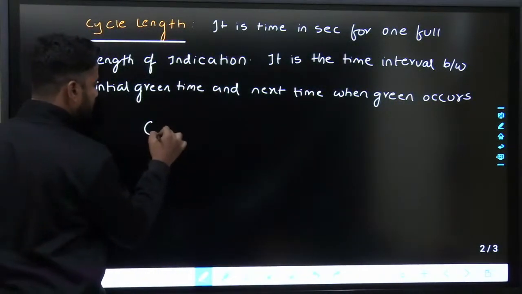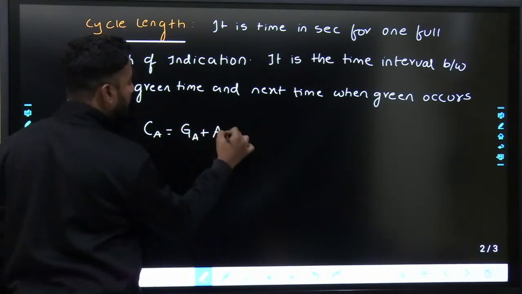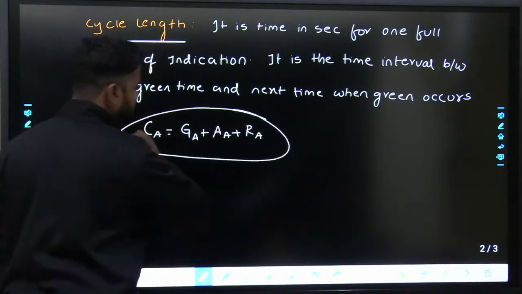So one cycle length would be green plus amber plus red.